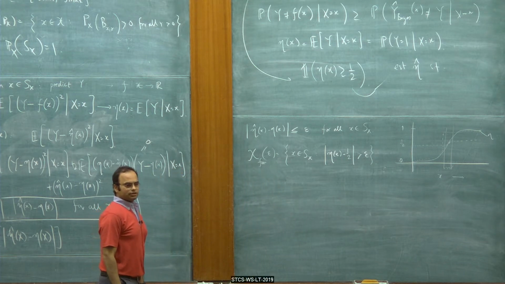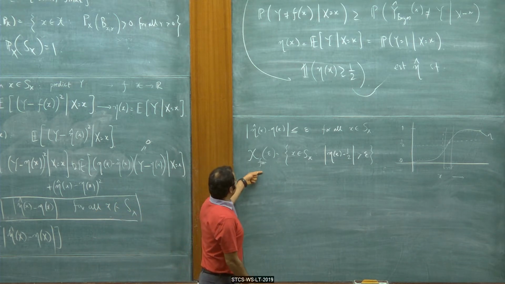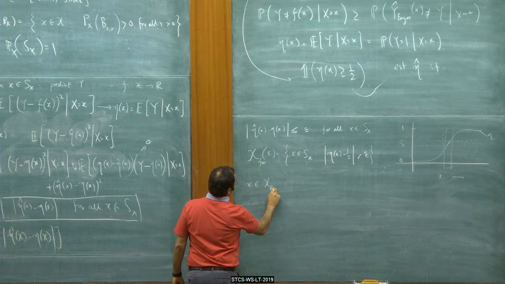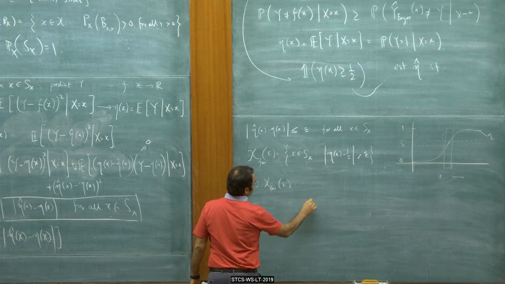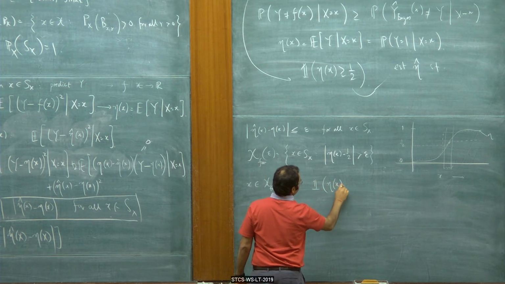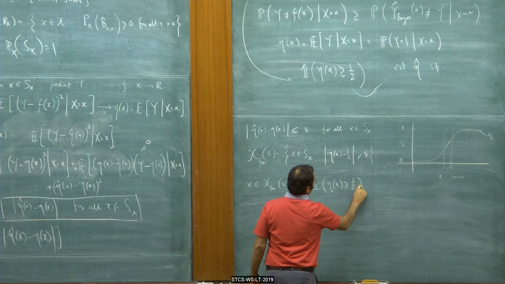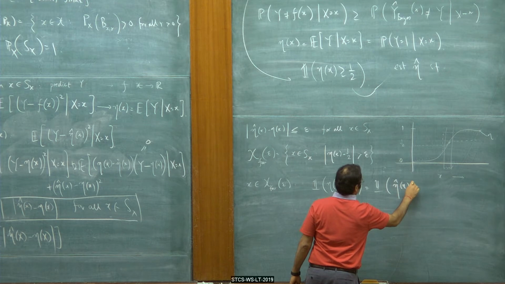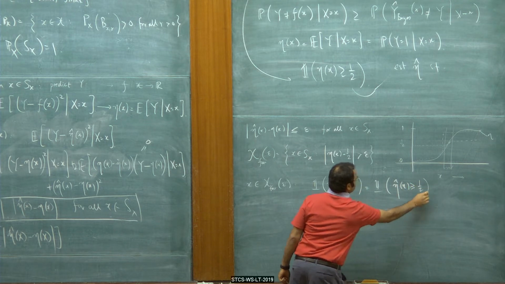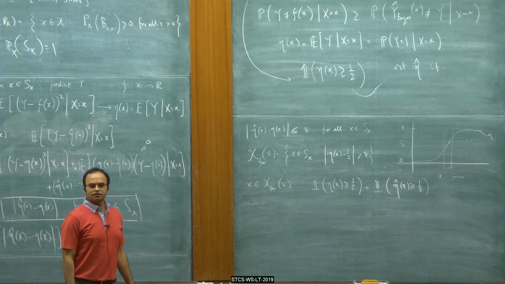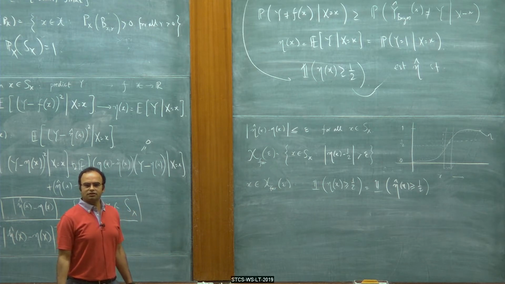Then over this set, for x in x far of epsilon, clearly this is equal to... okay? Everybody's okay with that?